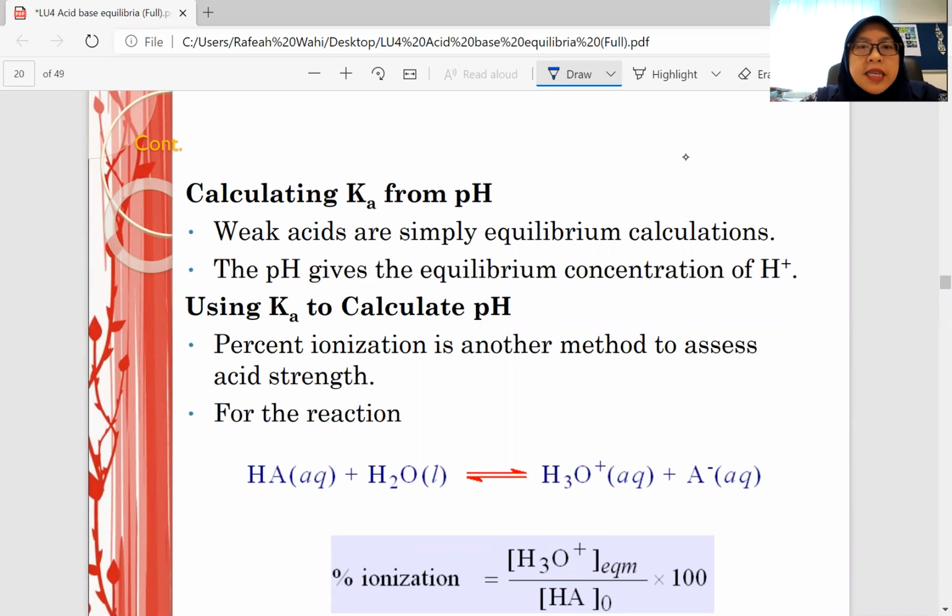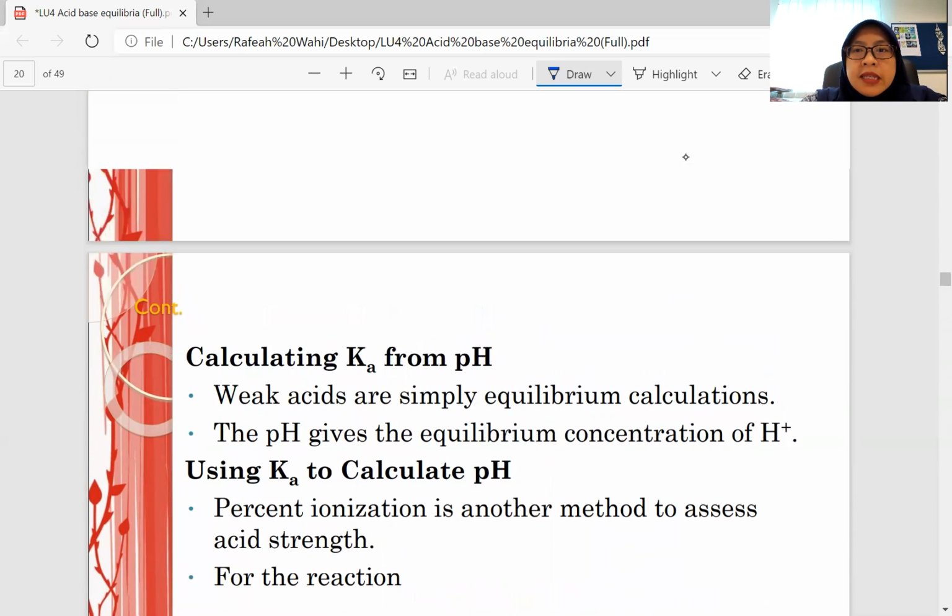How do we calculate Ka from pH? Weak acids are simply equilibrium equations. For example, we have the equation just now, HA representing a weak acid, dissociating in water, producing hydronium ion or H plus ion, and the conjugate base. So weak acid problems are simply equilibrium calculations, and the pH gives the equilibrium concentration of H plus.